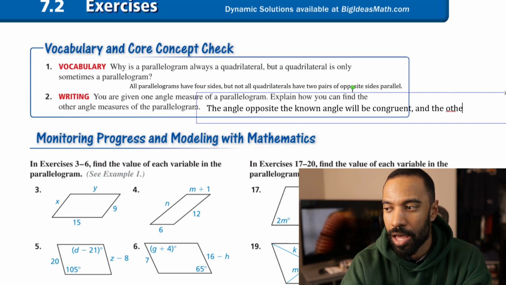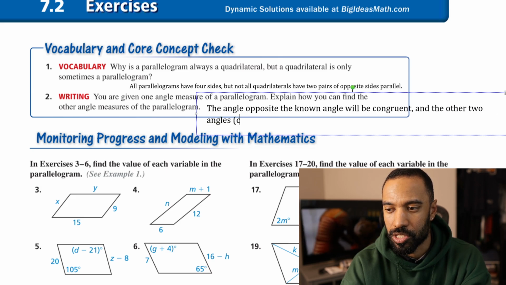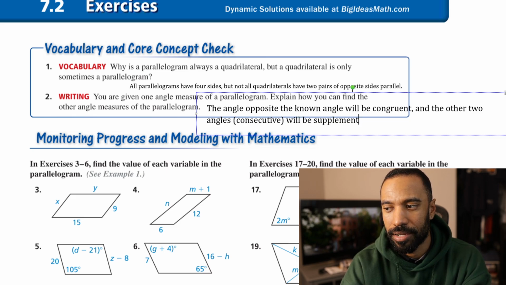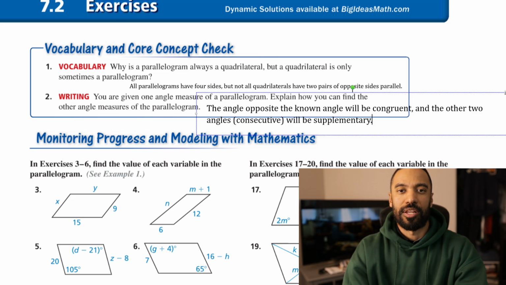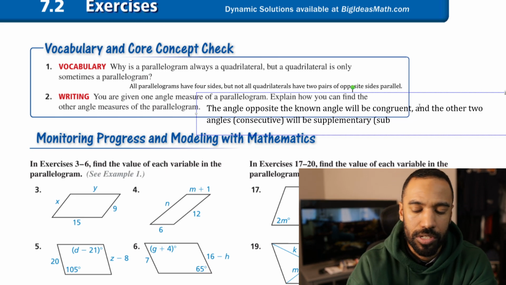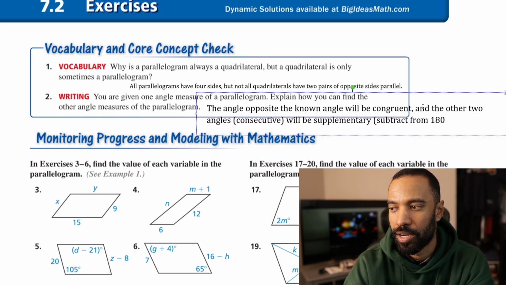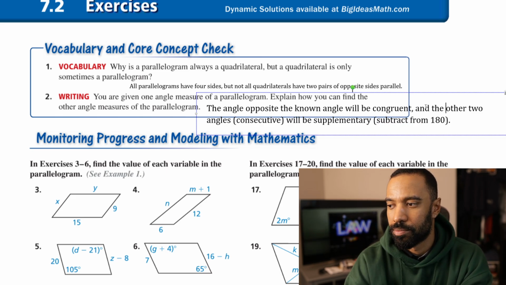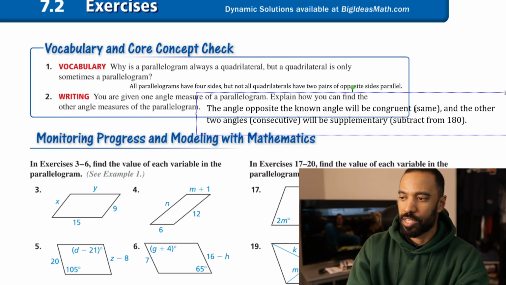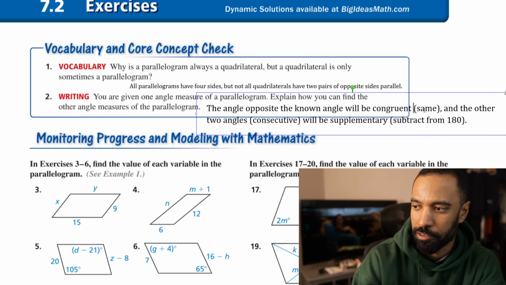And the other 2 angles, which are consecutive, will be supplementary. So how do I do that? Congruent means they're equal. Supplementary means subtract from 180. So let me write that. Subtract from 180 degrees. And so this one is the same. Keep the same. I need a verb there.